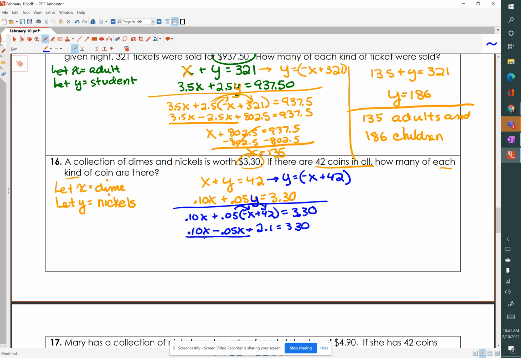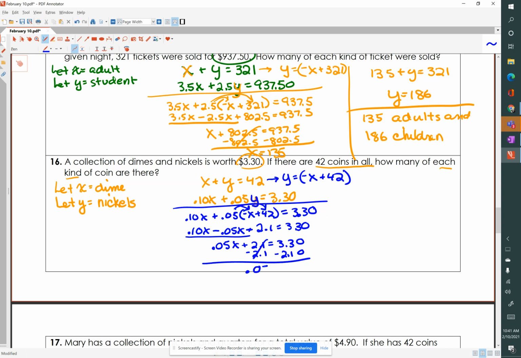Combine like terms. 0.10 minus 0.05 is 0.05x plus 2.1 equals 3.30. Subtract 2.1 from each side.